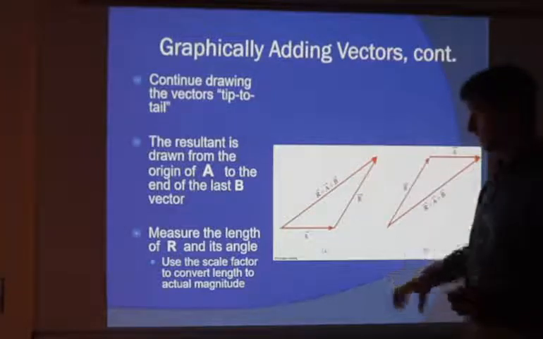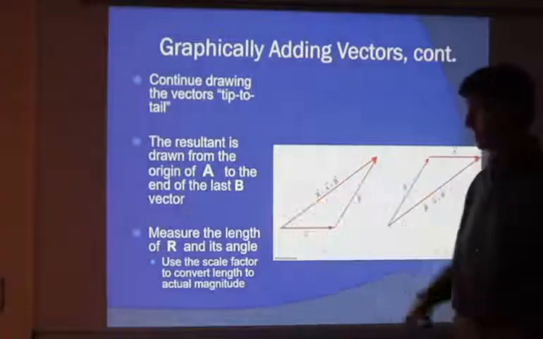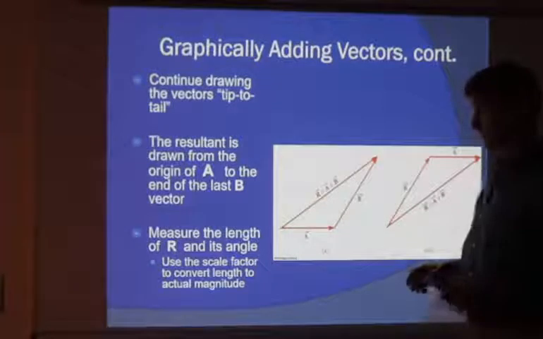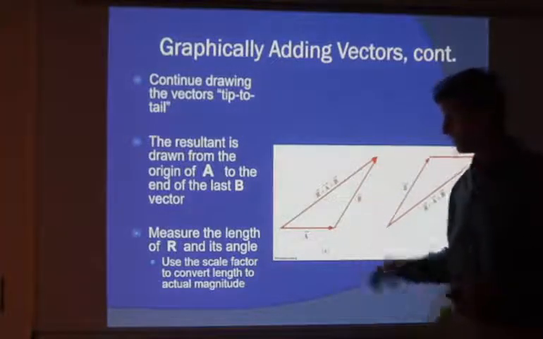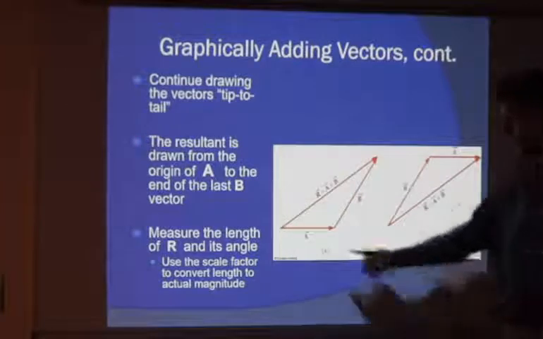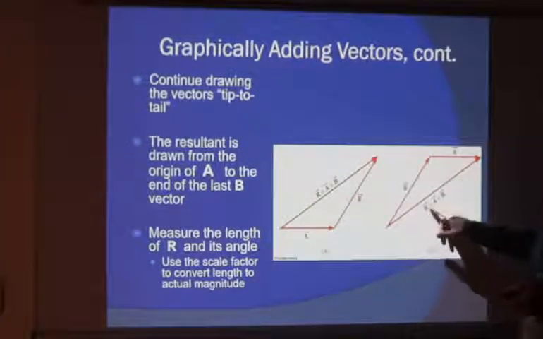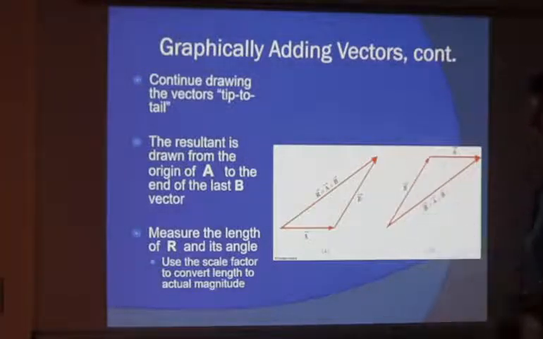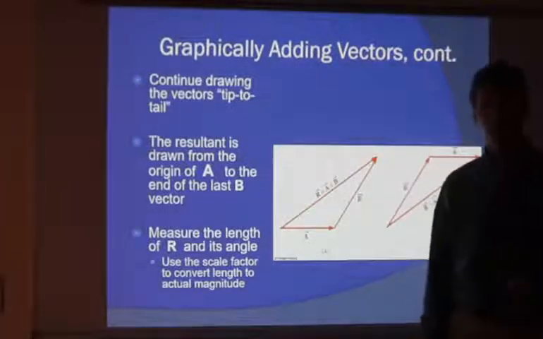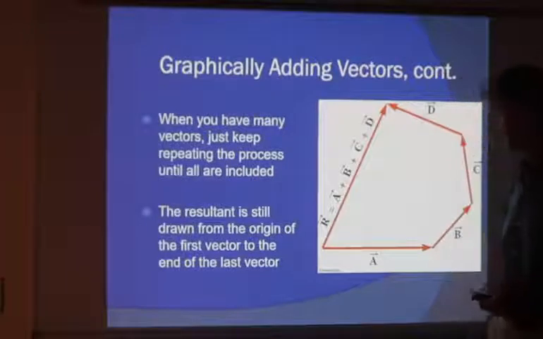You get a piece of graph paper, you plot out one vector, keep it to scale so you're on the graph paper. Add the other vector, doesn't even matter. The commutative property says A plus B is the same as B plus A. Doesn't matter which vector comes first. Putting the two vectors together, we're just doing head to tail in that particular case.